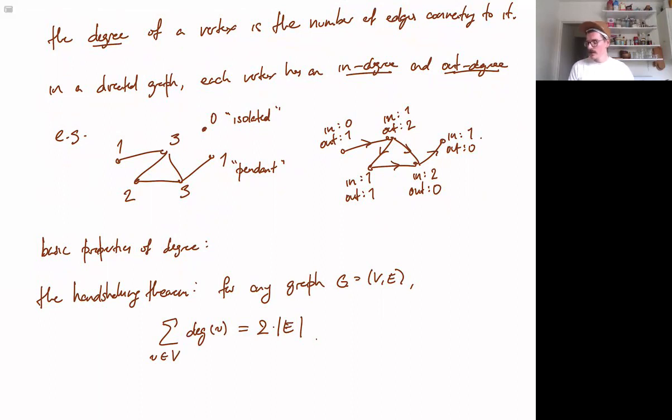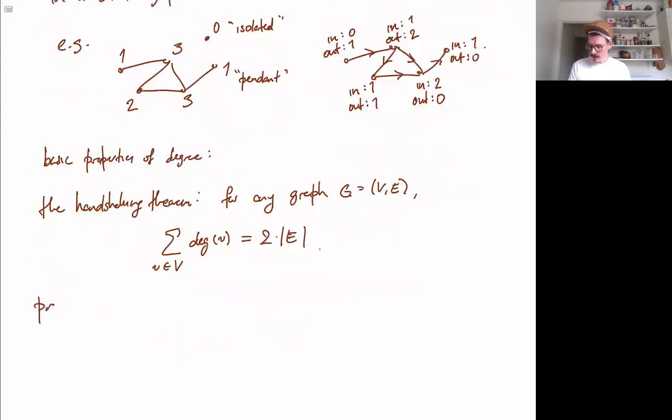And there's a version for directed graphs. For directed graphs, the sum of the in degrees is the number of edges, and the sum of the out degrees is also equal to the number of edges. And you can prove that very similarly to how we're going to prove this.